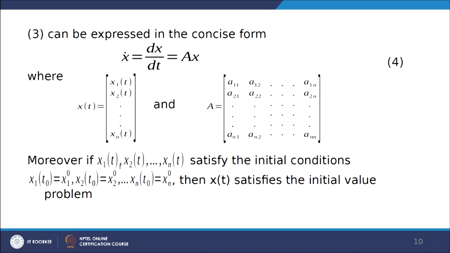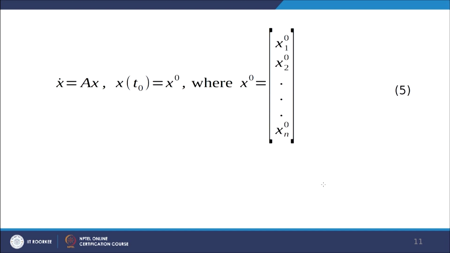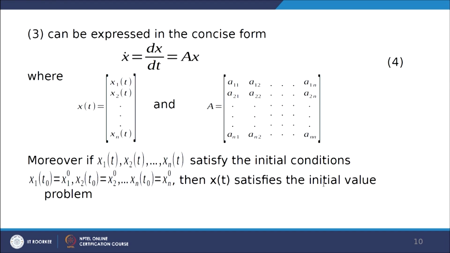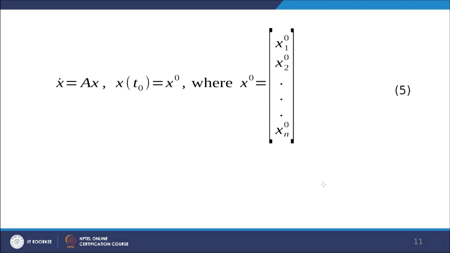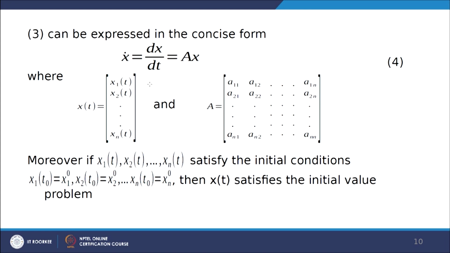Now, if x1(t), x2(t), xn(t) satisfy the initial conditions, that is at t = t0, x1 is x1^0, x2 is x2^0 and xn is xn^0, then x(t) satisfies the initial value problem, and we can write the system in the concise form x dot = dx/dt = Ax, x(t0) = x0, because x(t) is (x1(t), x2(t), xn(t)).